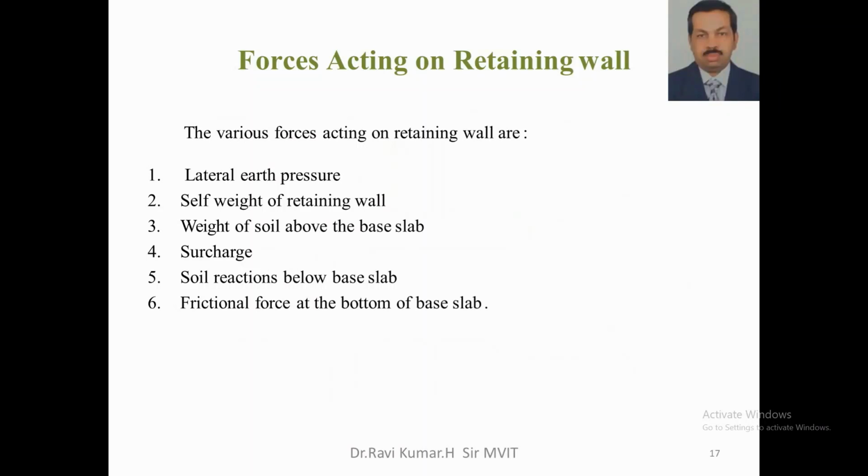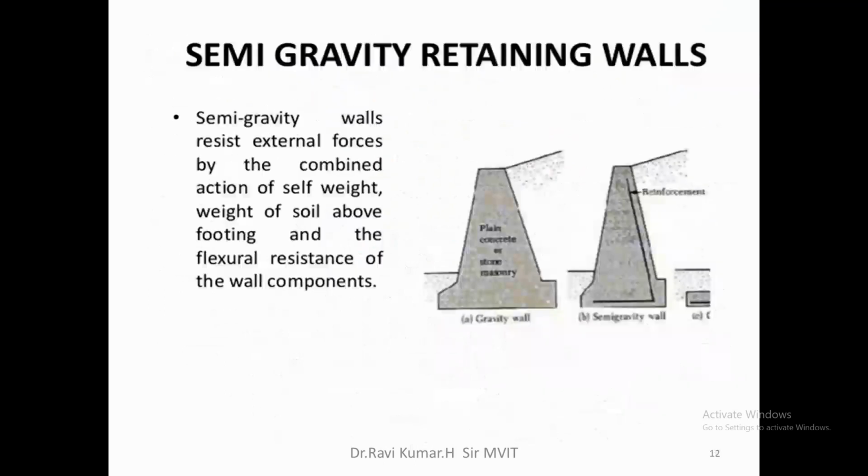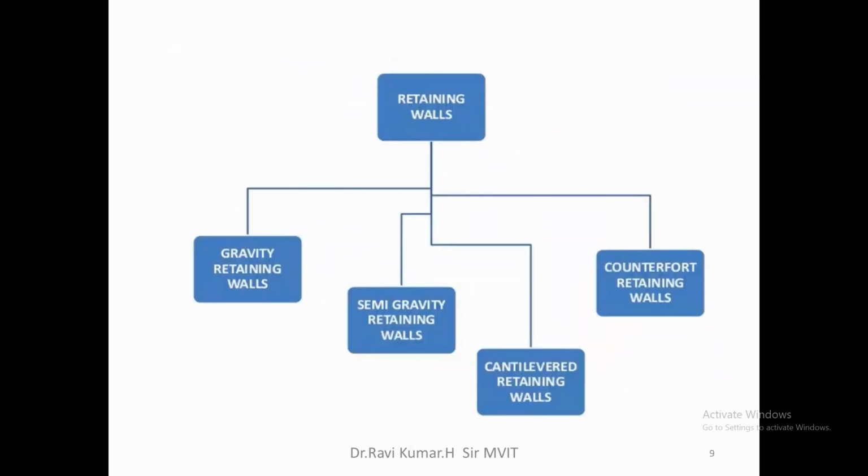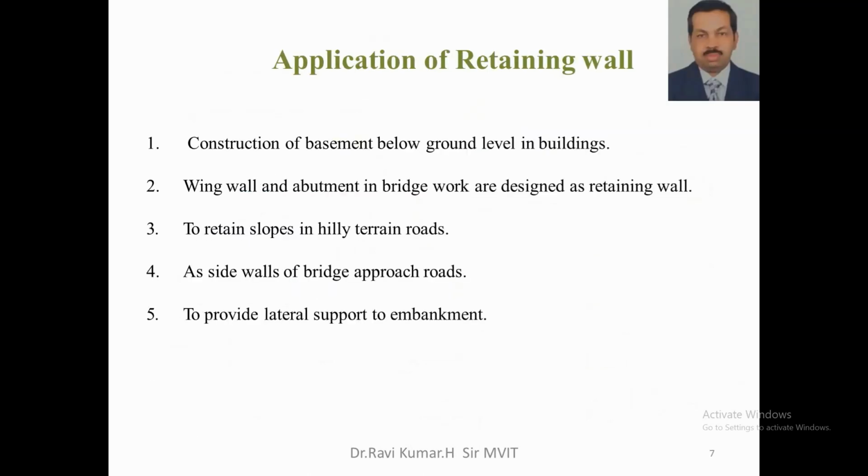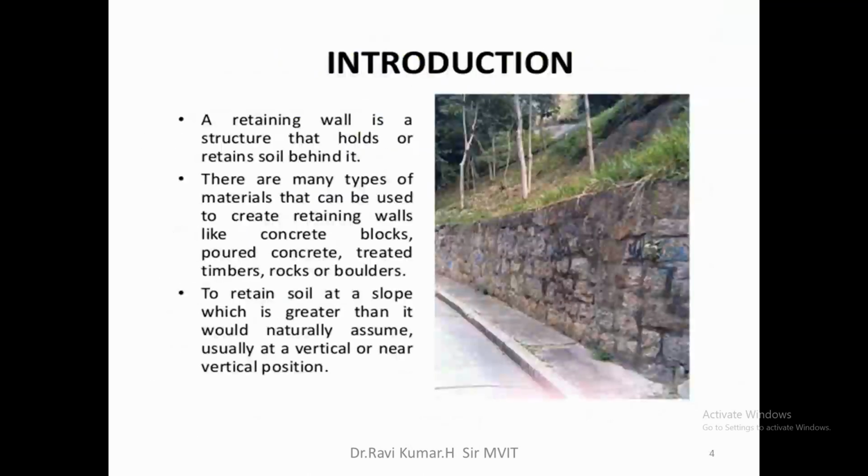In the next class, we shall be talking about the design of a cantilever wall. Anyhow, as a summary of what we have learned today, we have various kinds of retaining wall. Basically, a retaining wall is used to retain the soil pressure. It can be built of any materials: concrete blocks for a smaller height, timber, rocks or boulders, and if it is more height, more than 3 meters, then we go with the RCC retaining wall.